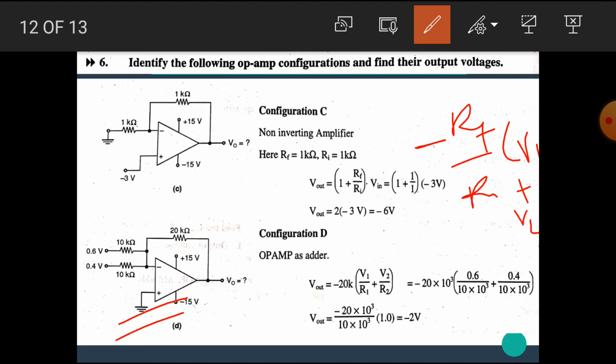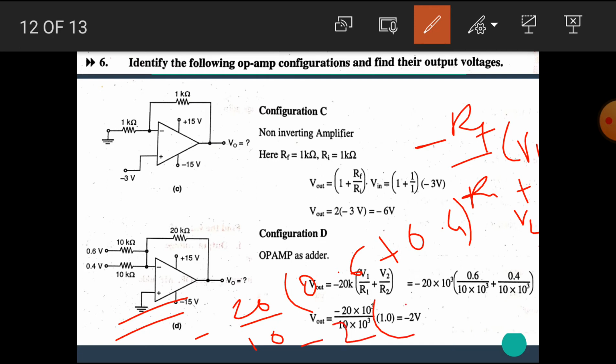Rf has the value 20k here, R1 has the value 10, and the input is 0.6 plus 0.4. Hence we get minus 2 into 1, as 0.6 plus 0.4 is equal to 1. Hence we get the final output minus 2 volt.